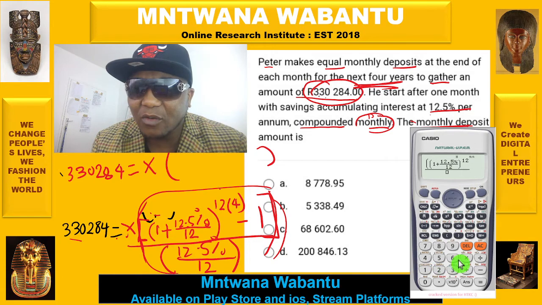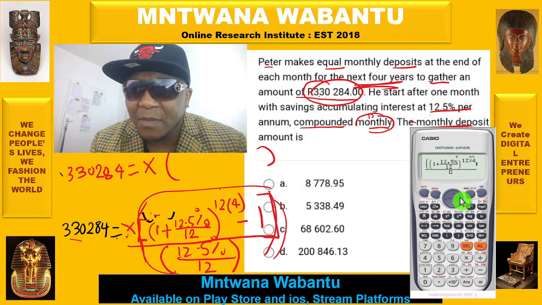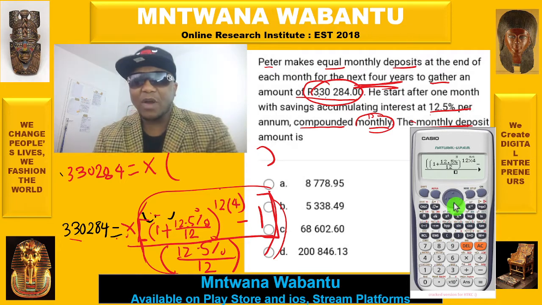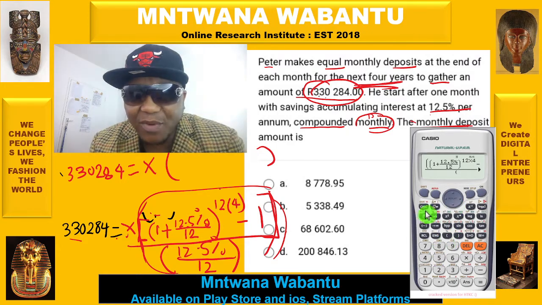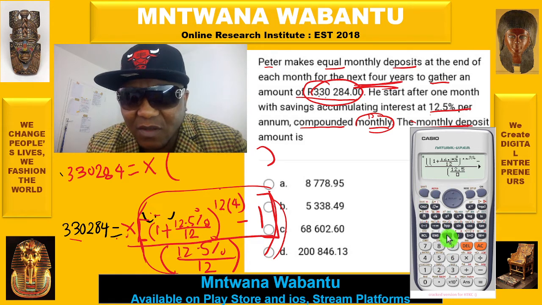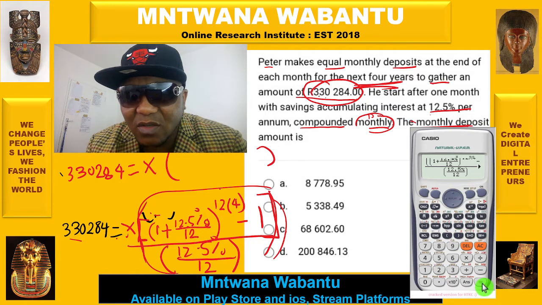12 times 4, and then over there you say minus 1. Go to the bottom, bracket, fraction 12.5 percent over 12, close.